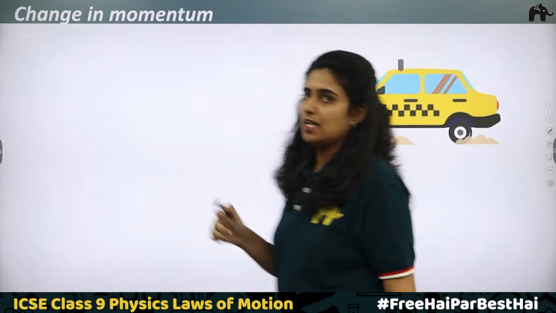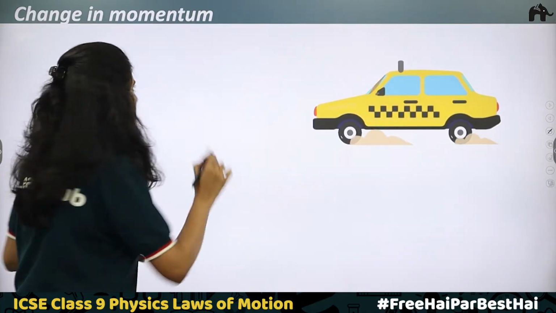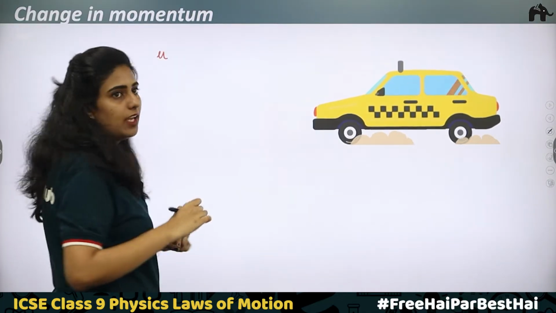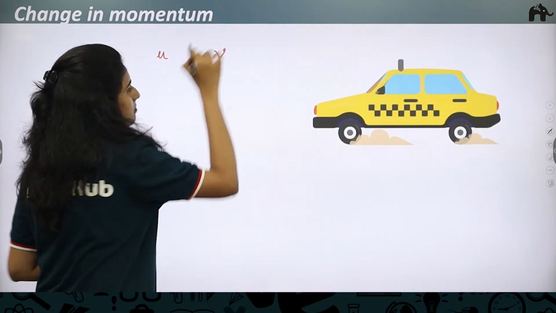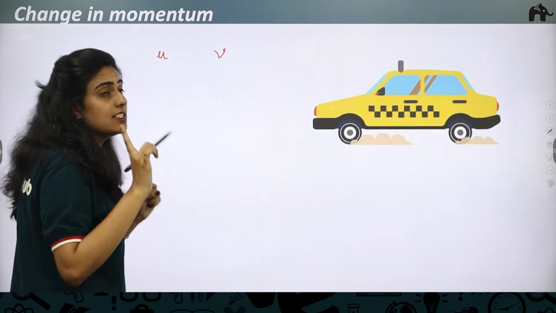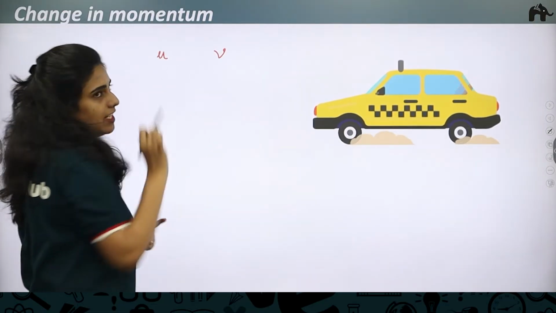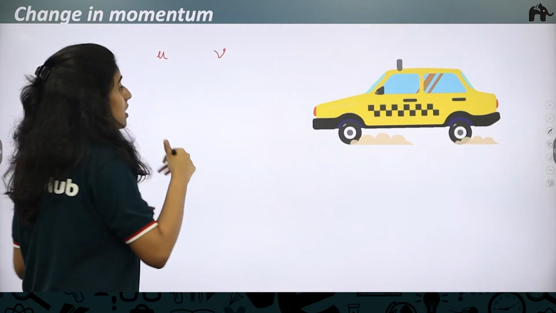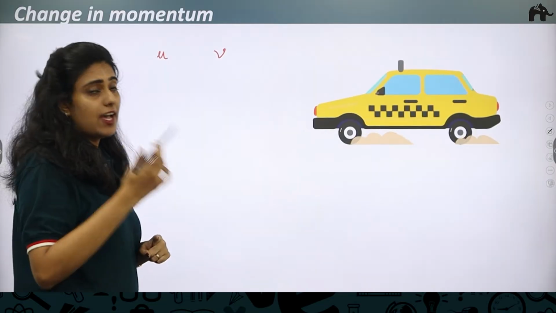Change in momentum. Let us consider a case. Initially, a car is moving with some velocity u. After some time, the car is accelerated. Its velocity becomes v. We know that momentum depends on mass and velocity. So here we have initial velocity and final velocity, so we will have two types of momentum: initial momentum and final momentum.